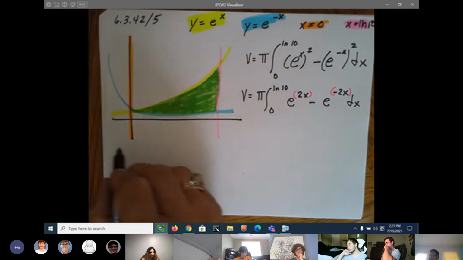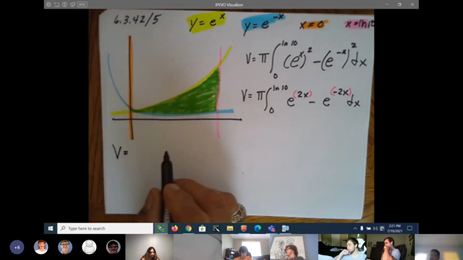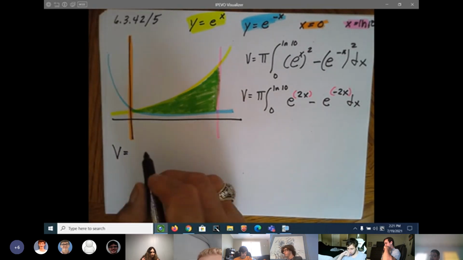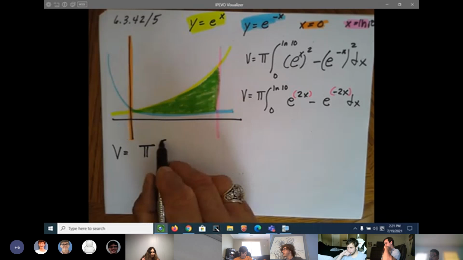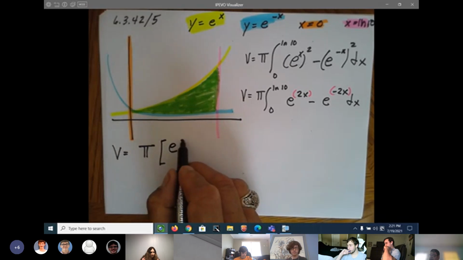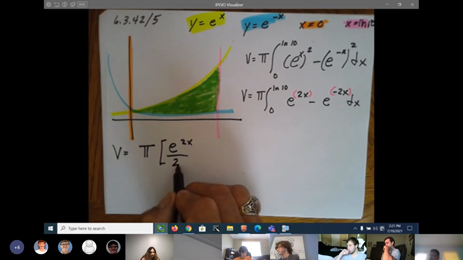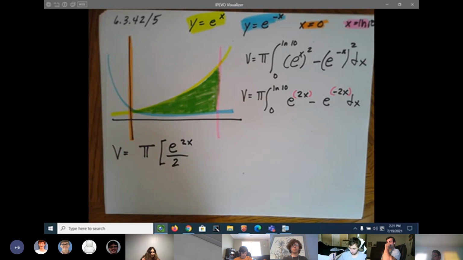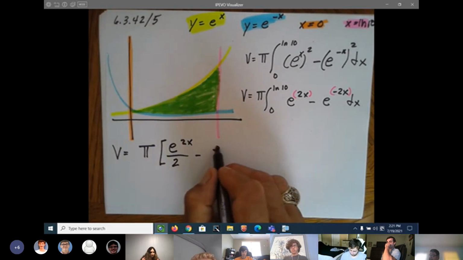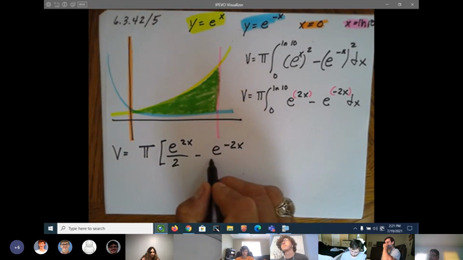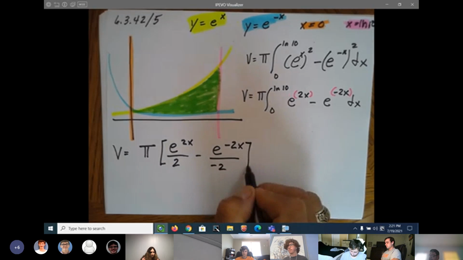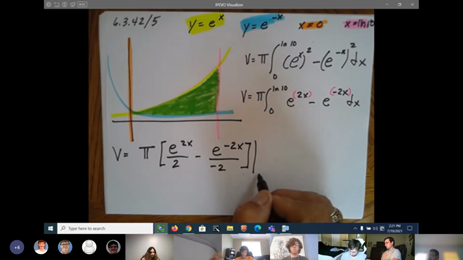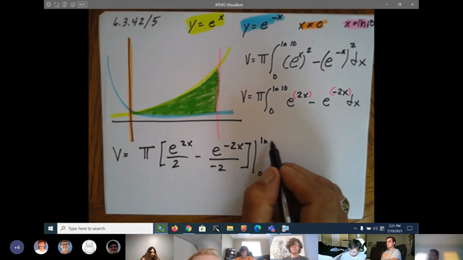So the antiderivative of e to the 2x is e to the 2x over what? 2. Minus e to the negative 2x over negative 2, evaluated at 0 and the natural log of 10.